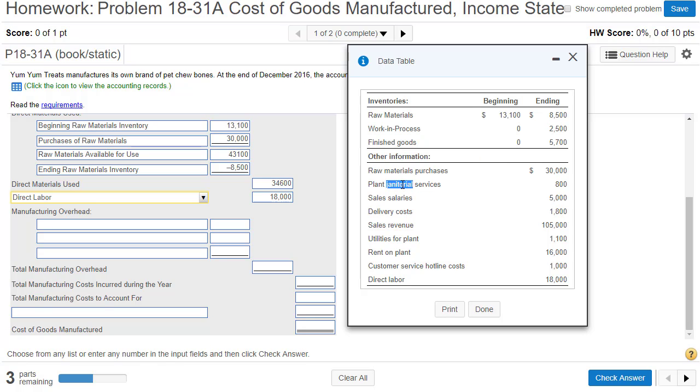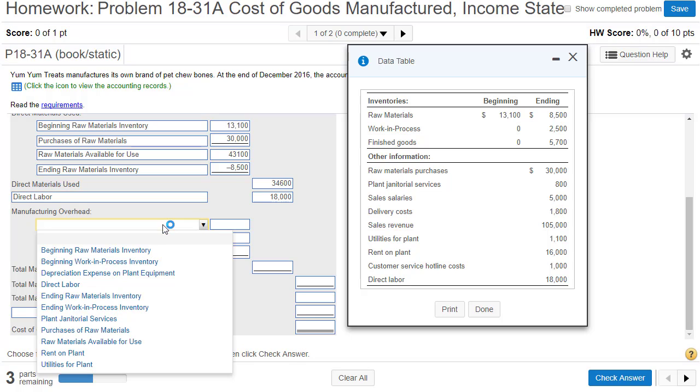All right, so these are the salaries for the janitors. And these janitors work in the plant, and the plant is where the product is made. So this is a product cost. But can you trace the janitorial salaries to certain chew bones? No, you can't. So this is an indirect cost, and it's technically indirect labor, but that falls under manufacturing overhead. So plant janitorial services is our first manufacturing overhead.